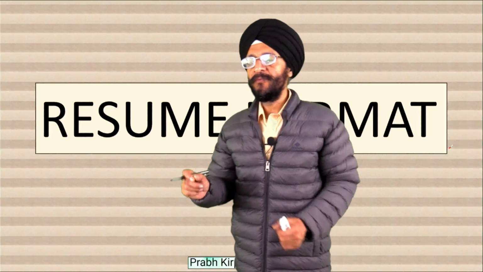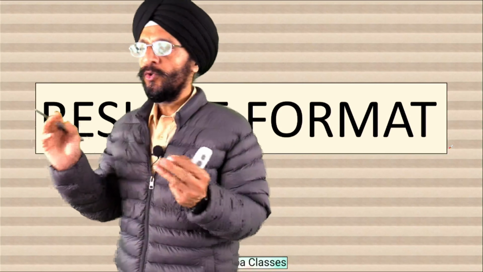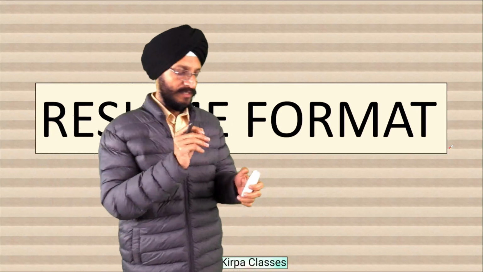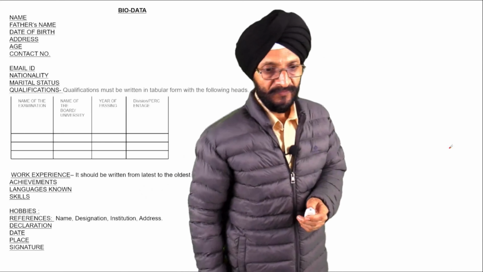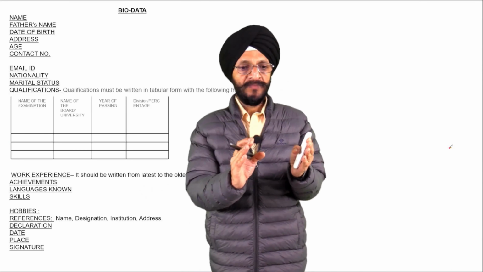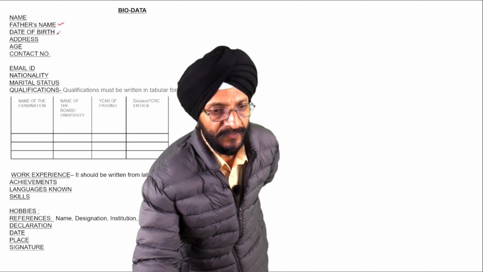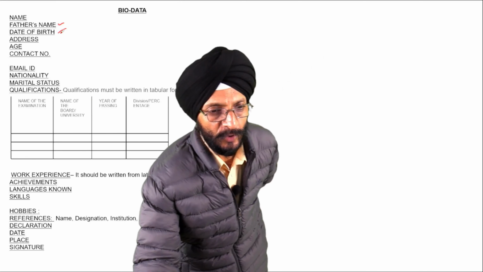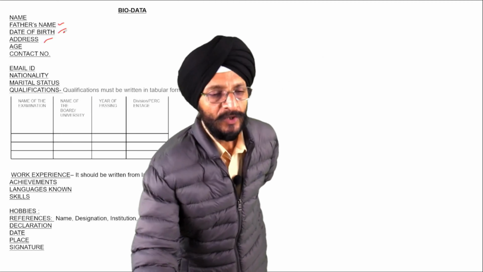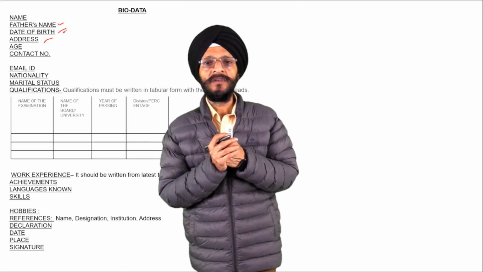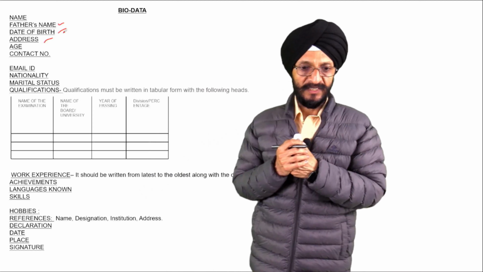Now the topic before us is what should be the format of the resume. This is the format which is before you. First of all, you have to mention your name followed by father's name. Then you have to mention your date of birth followed by your residential or correspondence address.